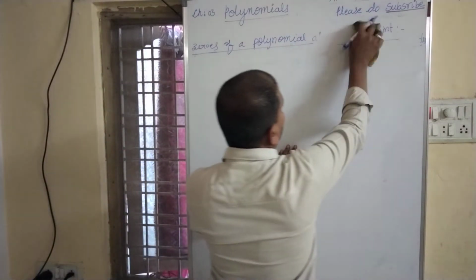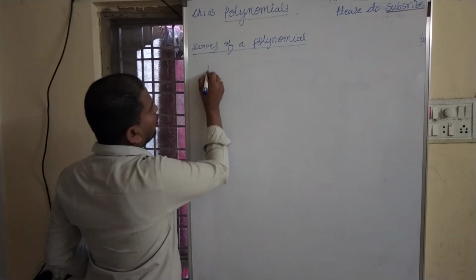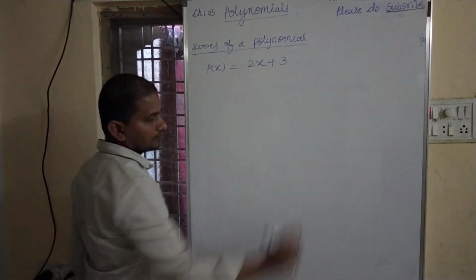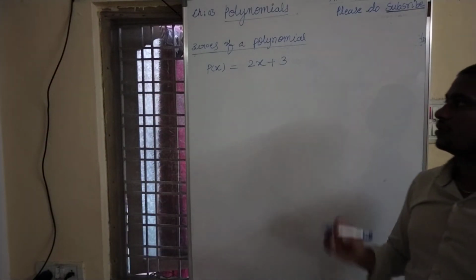Let us consider the polynomial p of x is equal to 2x plus 3.